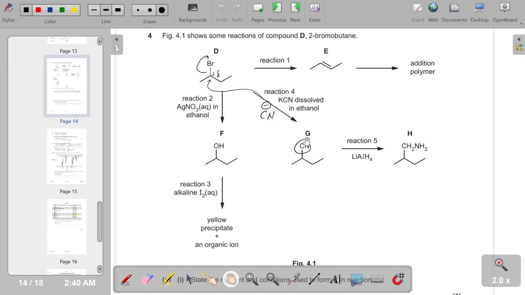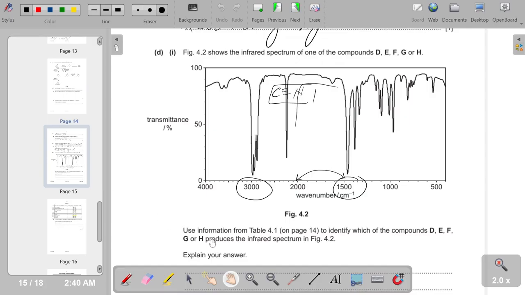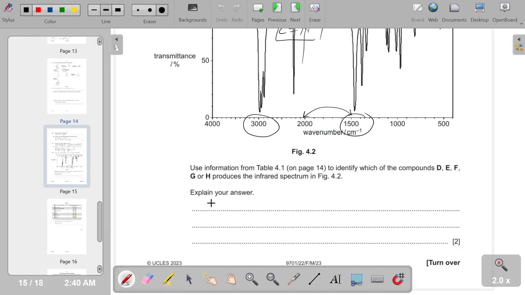So which compound does have this? Here we have the G. So you can see G has nitrile, so it means nitrile is there. You can see it is being absorbed around 2200.